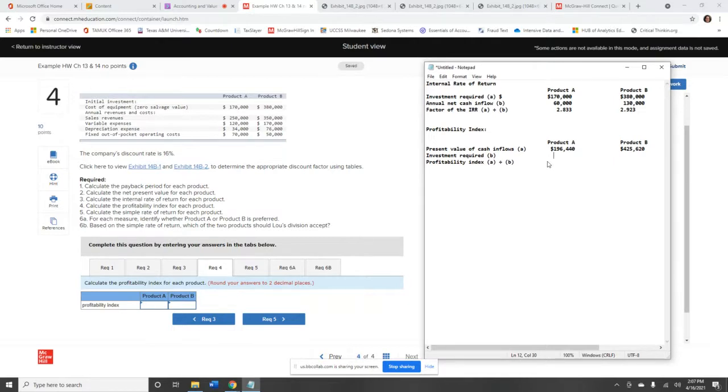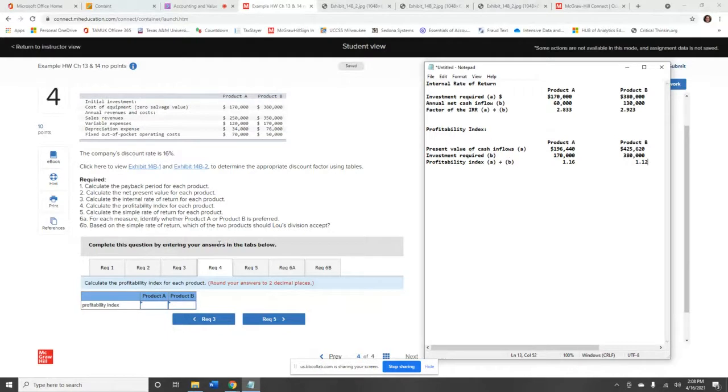Now the investment required hasn't changed. It's still 170,000, and over here it's still 380,000. Now it's pretty simple. We just take the present value of the cash flow, divide it by our investment, and we come up with 1.16 for product A. And 425,000 divided by 380,000 is equal to 1.12.